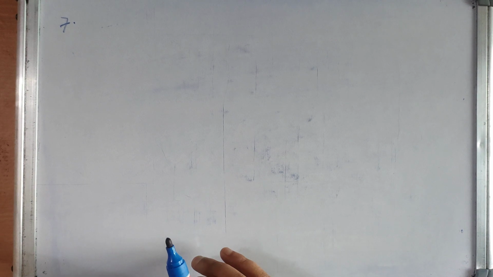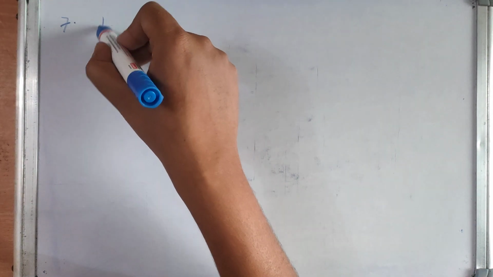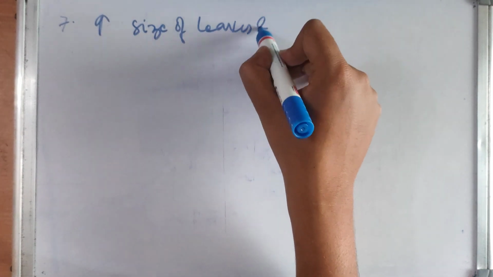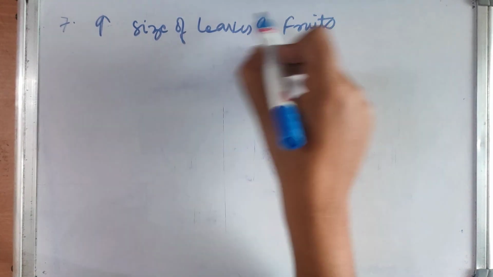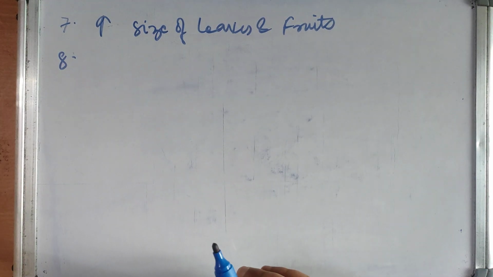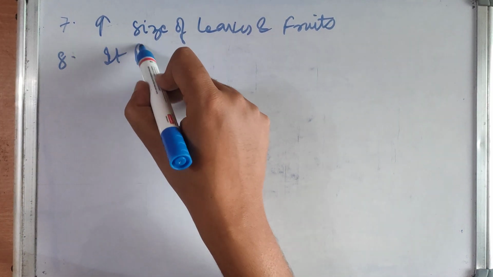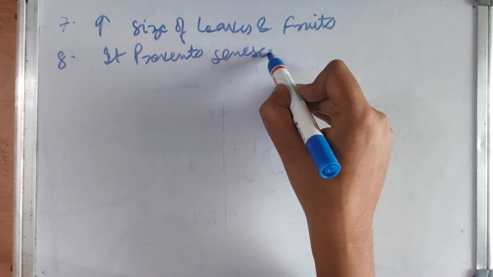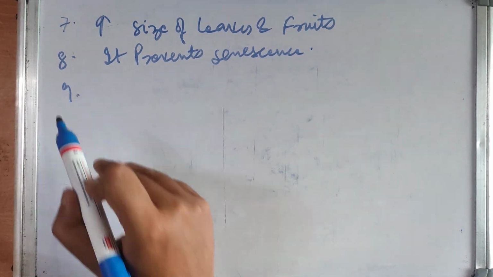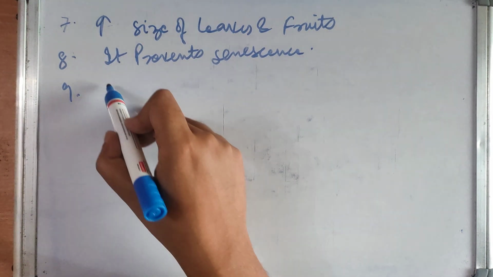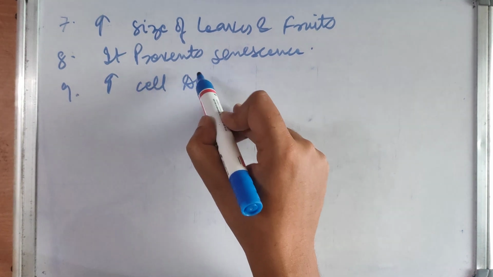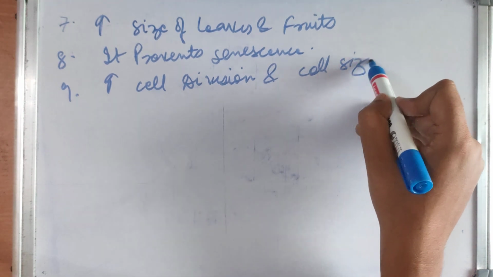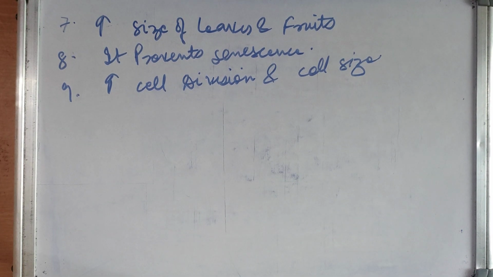Number 7, increases the size of leaves and fruits. It prevents senescence. It increases cell division and cell size. So these are some of the functions of gibberellin.